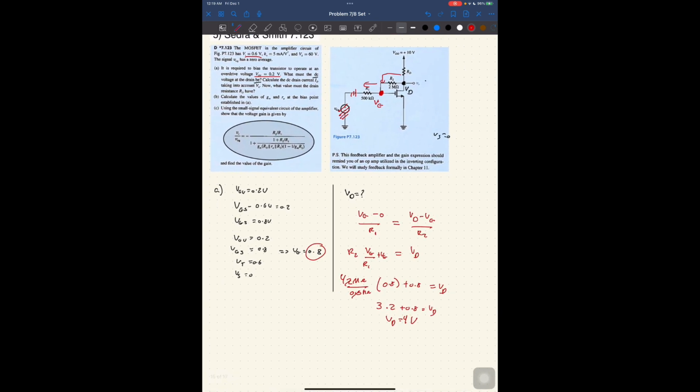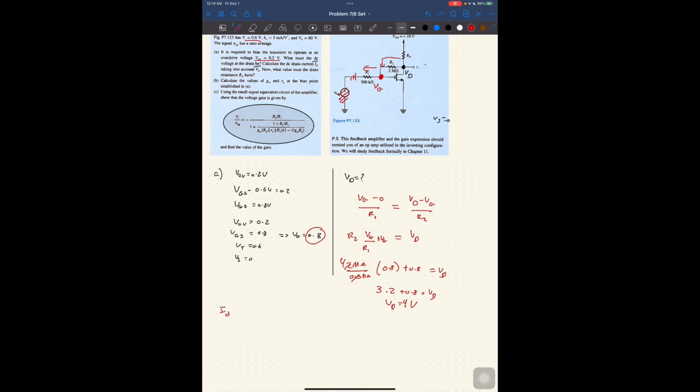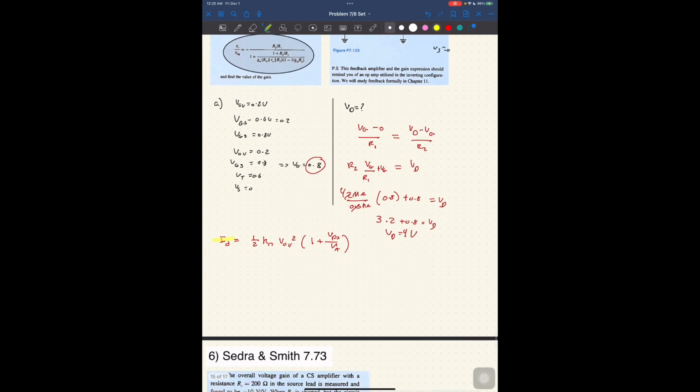Now calculate the DC drain current ID, taking into account VA. So half Kn V_OV squared times 1 plus VDS over VA. Now, we did not learn this, but I would take it this is to be memorized, simply because it just is.